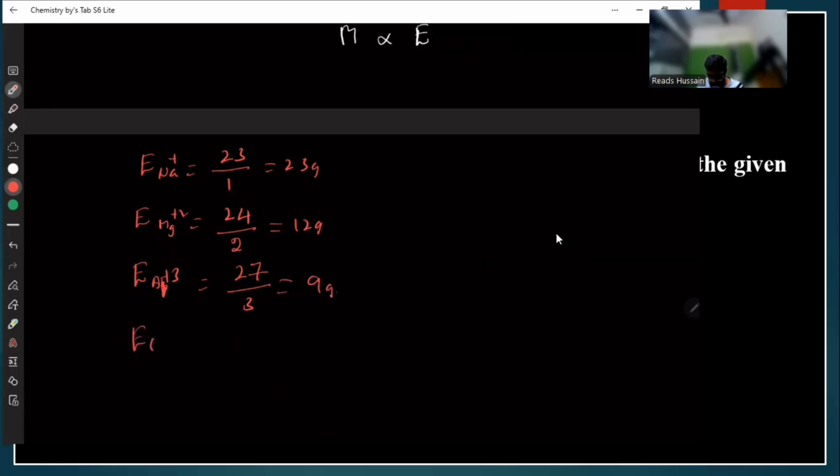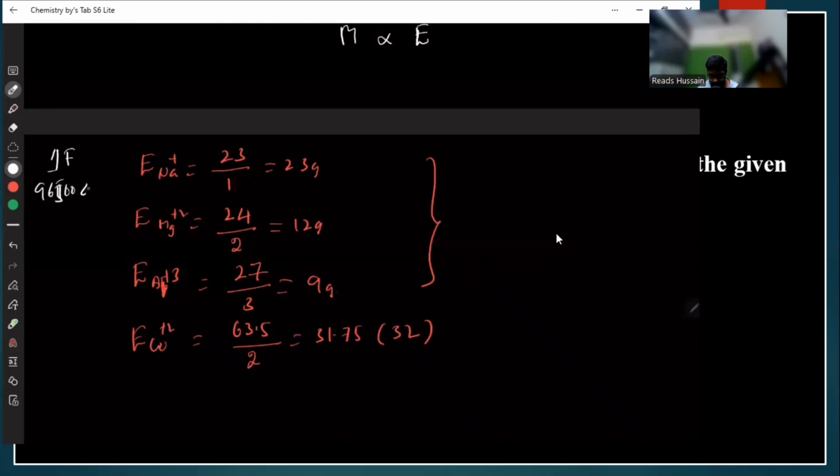Equivalent weight of copper, Cu plus 2: atomic weight 63.5 by valency 2, that is 31.75, or approximately we will take 32. These are the equivalent weights of different substances. Now shall I tell you one interesting point: if you use 1 Faraday of current, that is 96,500 coulombs, it gives 23 grams of sodium.